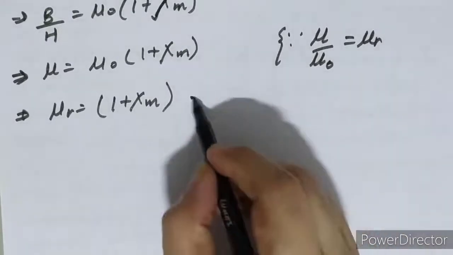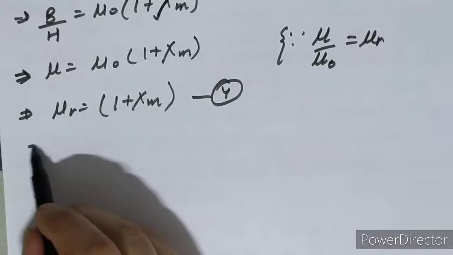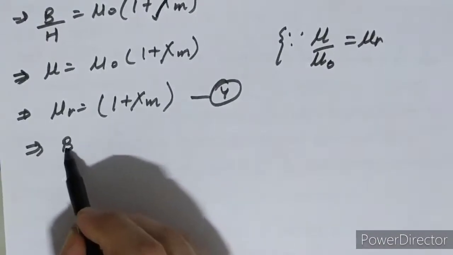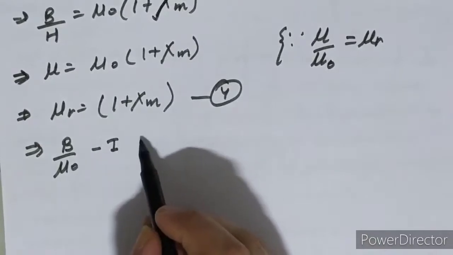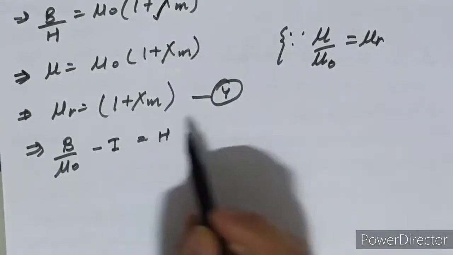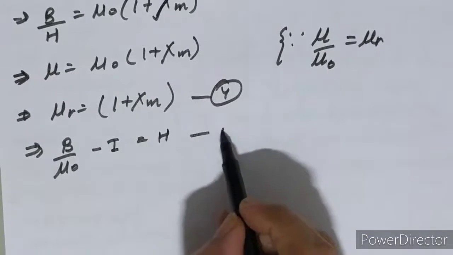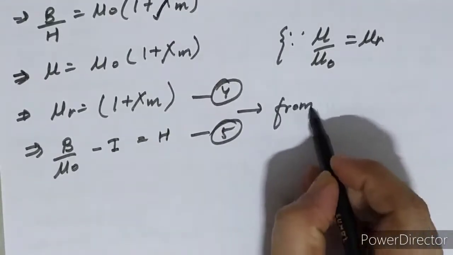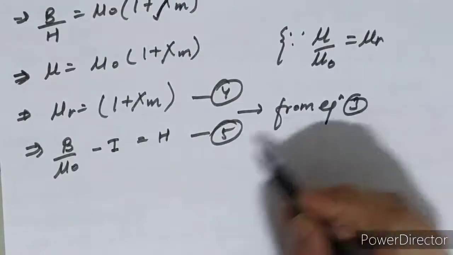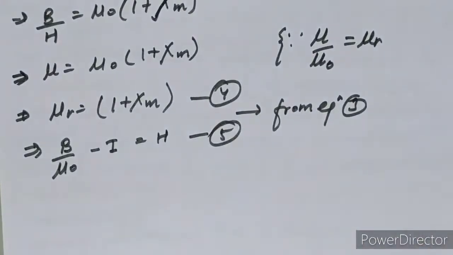In a different form we can write this equation like this: B upon mu naught minus I equals H, from equation number 3. This is equation number 5. So we have found different relations between different physical quantities, which is easy.